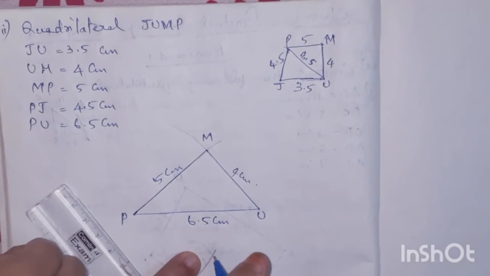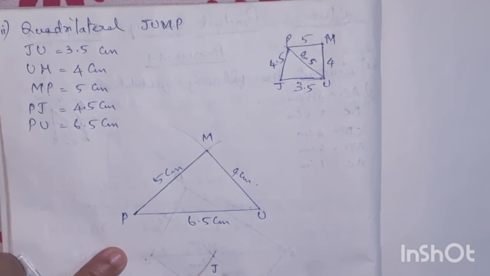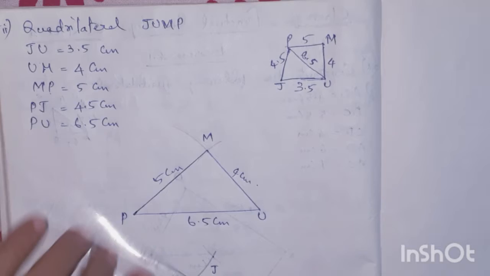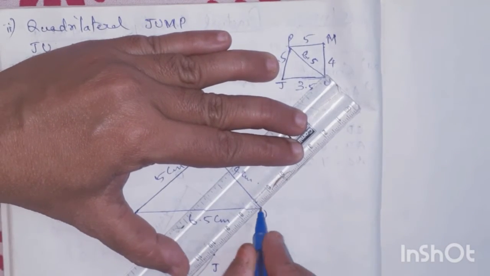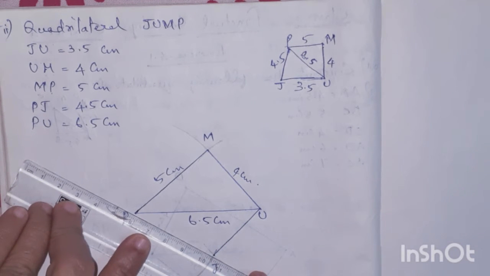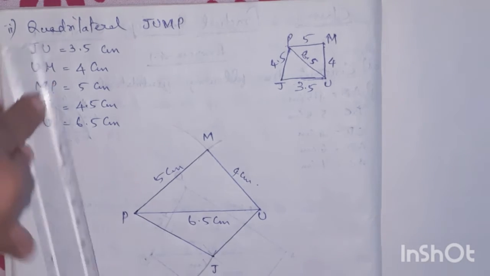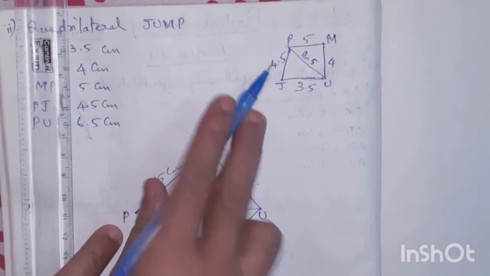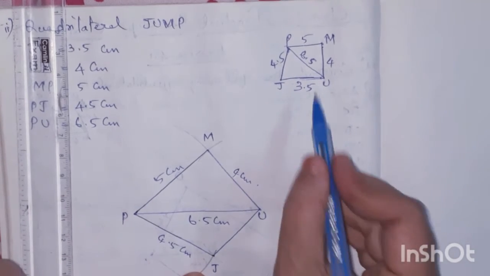That is the point G. We have to join this line. PJ is 4.5. JU is 3.5.